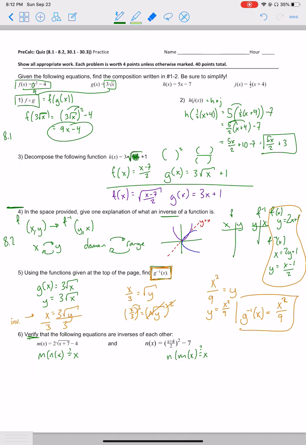So if we do m of n of x, we're doing m of x plus 4 squared on top of 2. Oops, sorry, I wrote that wrong. Minus 7.